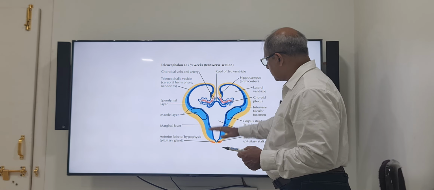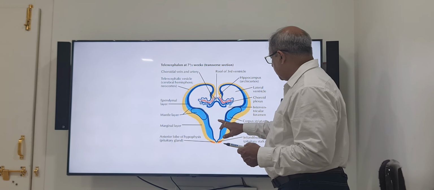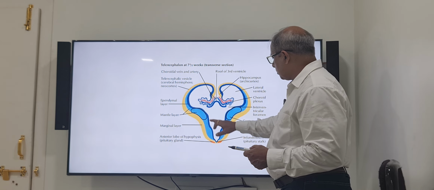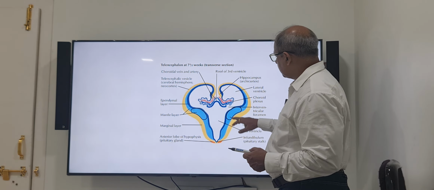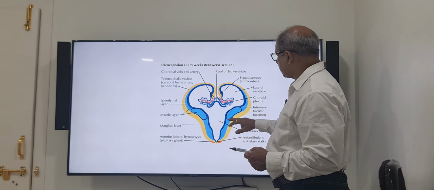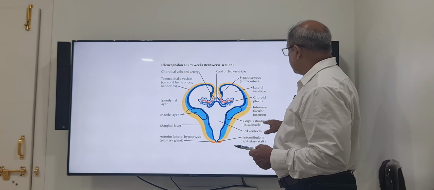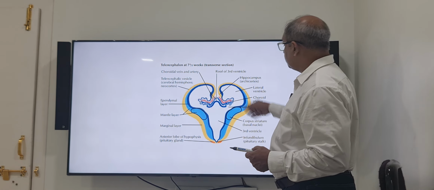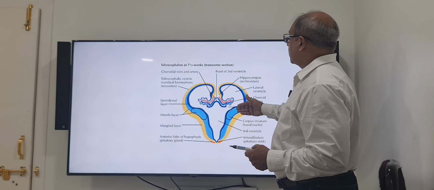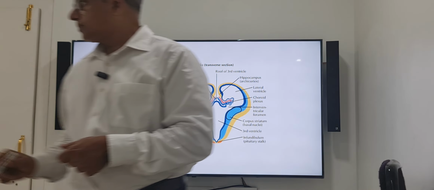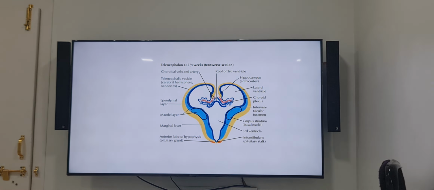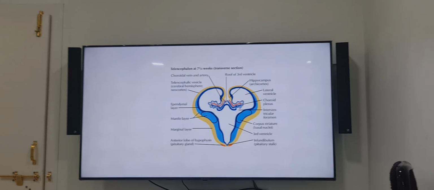But what is the base of this cavity? In between there is a formation of a common space, which is the third ventricle, and here the formation of the thalamus. So what is this corpus striatum which we see in targeted sonography? This corpus striatum is basically all neural tissue.